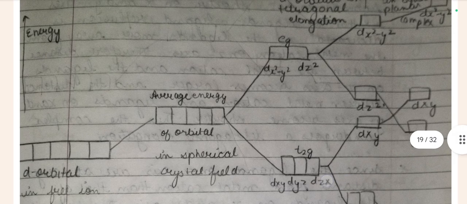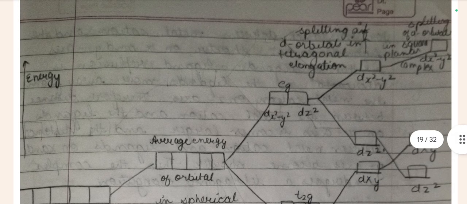First, d orbital in free ion. Average energy of orbital in a spherical crystal field. Then T2g having dxy, dyz and dzx orbitals, and Eg having dx square minus y square and dz square orbitals.